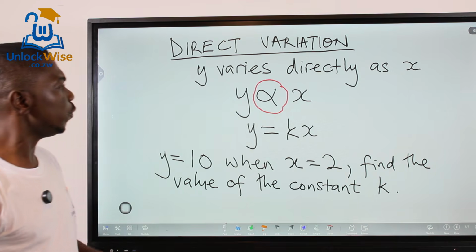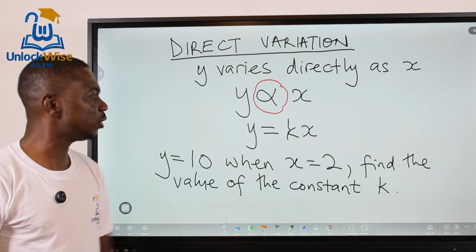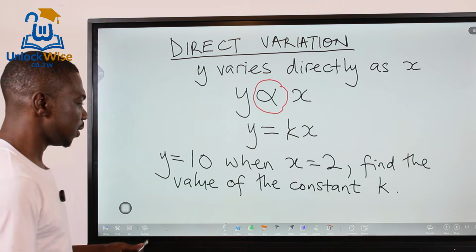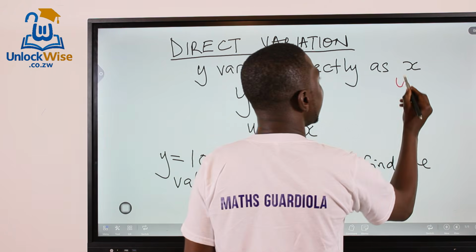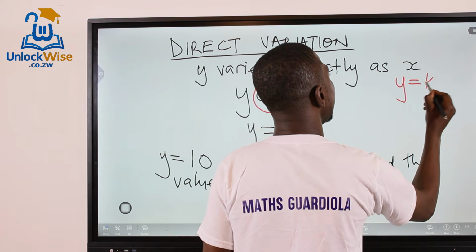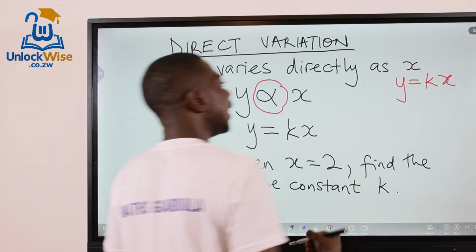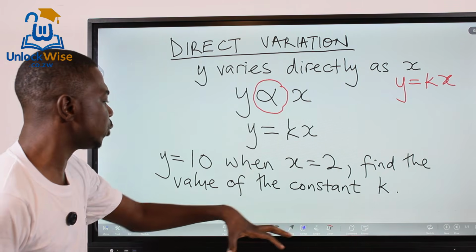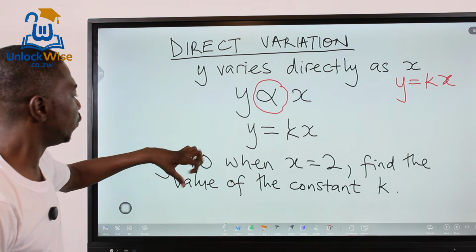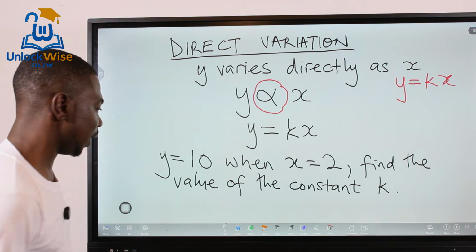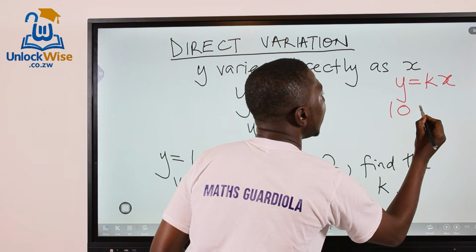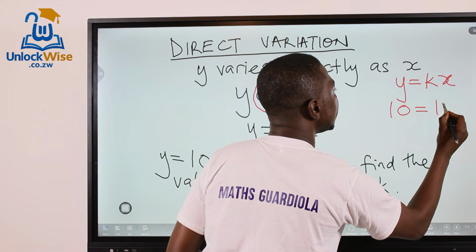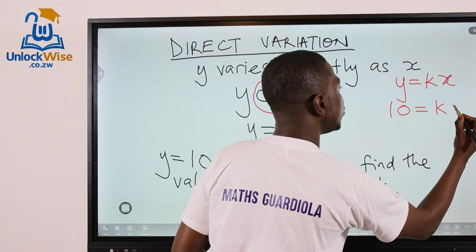If you check, we have y is equal to kx, and we are going to substitute the value of y and the value of x. Our y is equal to 10, and our x is equal to 2.